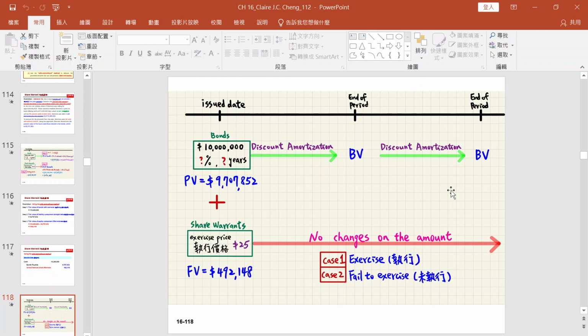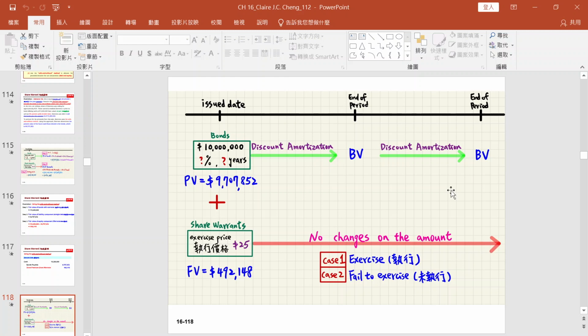Okay? But you have to consider, because with share warrants we give investors the right, so they have the right options to become your shareholders, right? So you have to consider two situations. First is what? Exercise. Whether investors decide to exercise the right.